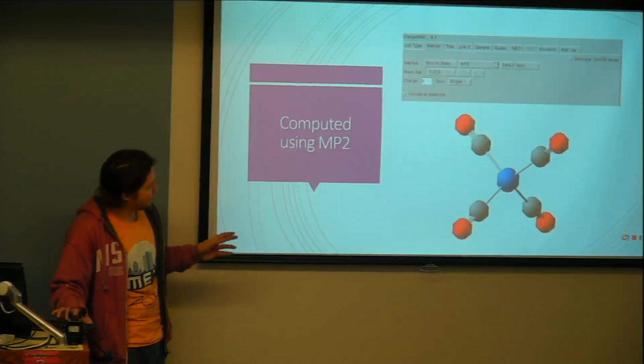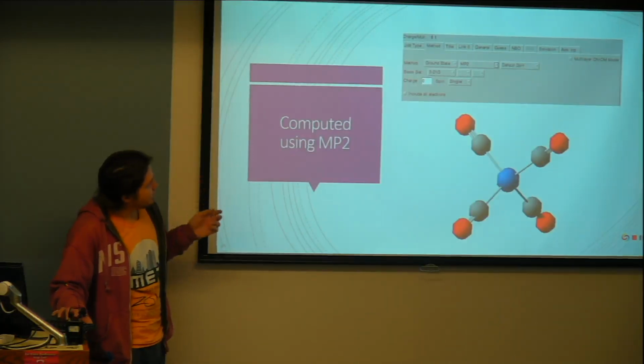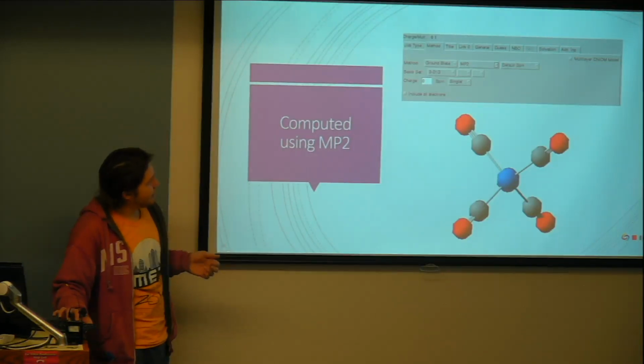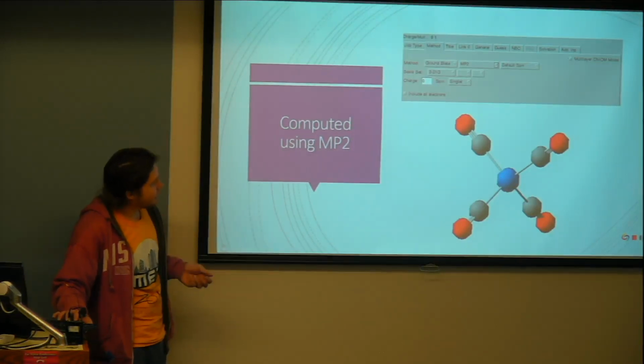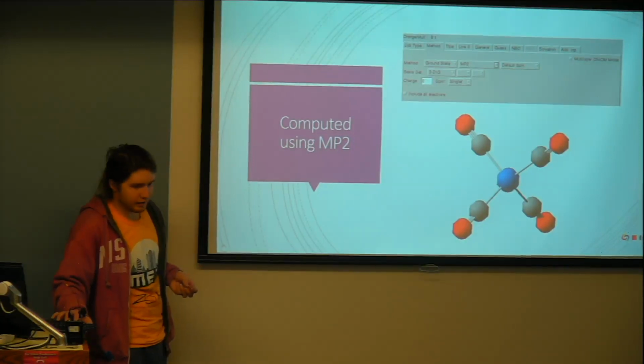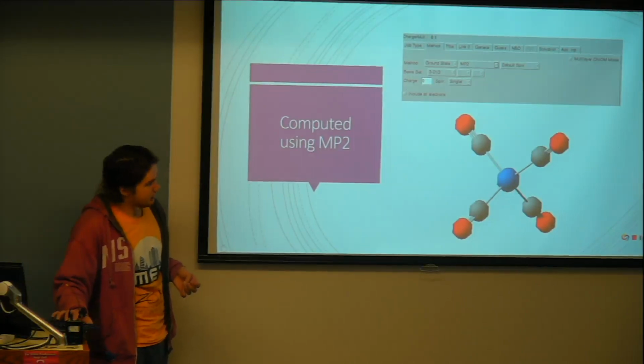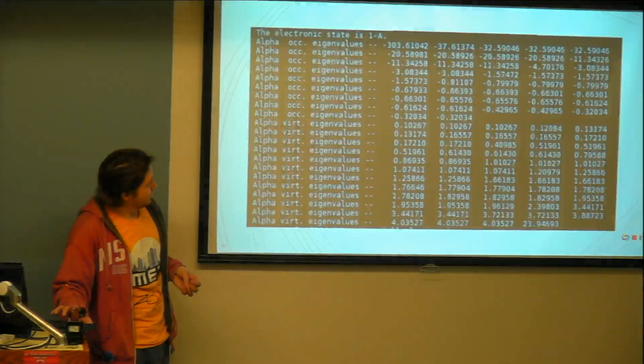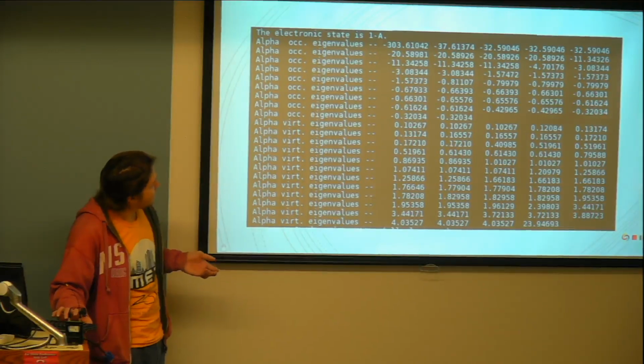And I first did a calculation with the MP2 3-21G basis set and method, and it gave a very nice, roughly similar one, showing that yes, the tetrahedral conformation is fairly consistent with what you would get for that molecule, and gave a very nice printout of values.